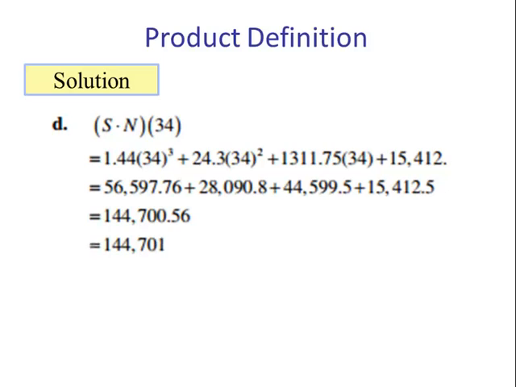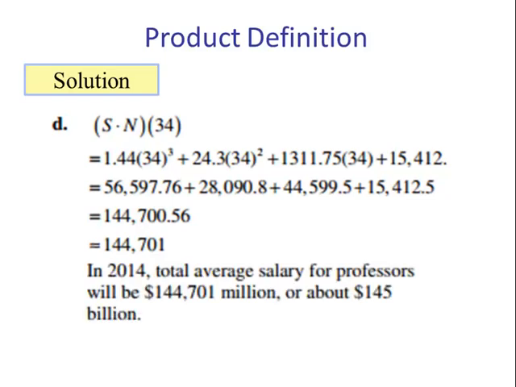And we're going to round this up to 144,701. So what does this mean in terms of the problem? In 2014, the total average salary for professors will be 144,701 million, or about 145 billion.